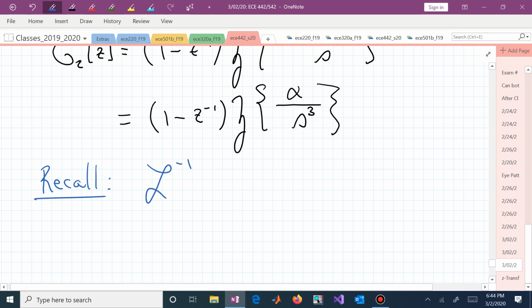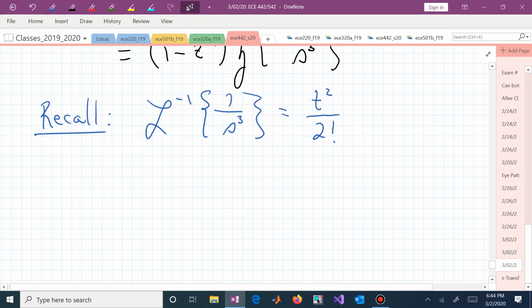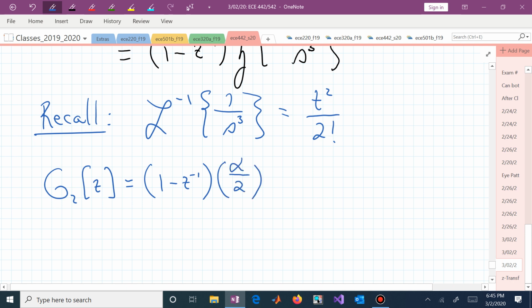that the inverse Laplace transform, if you looked at one of those intermediate columns, that's now t squared over 2 factorial. And in fact, if we now write down, using what we just saw in that transform table, we divide by 2, and we had an alpha, so it's alpha over 2.